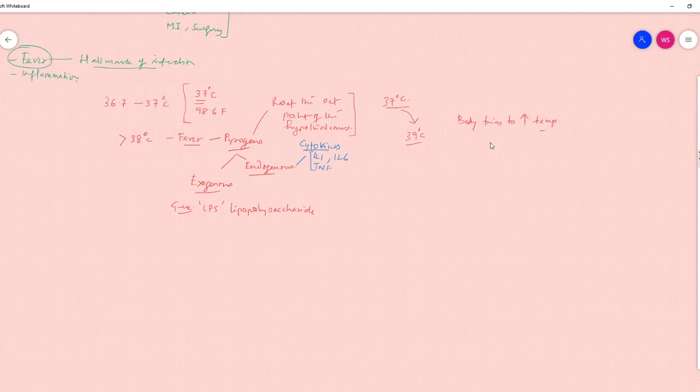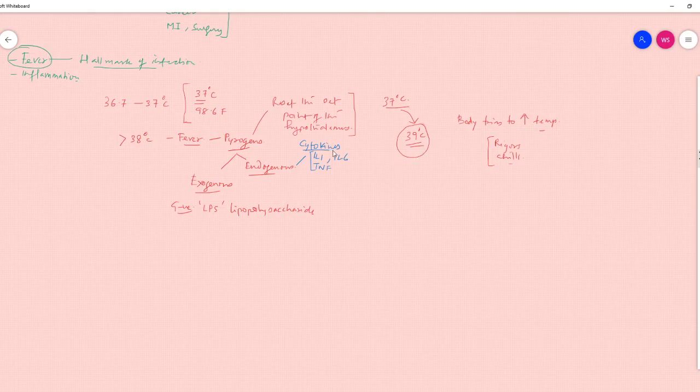By bringing about changes in the skeletal muscles, so we can have rigors or chills. The skeletal muscle begins to contract and generates heat. Skeletal muscles are supplied with lots of blood vessels, so that heat gets transferred to the blood, and ultimately your body temperature rises to the new set point.